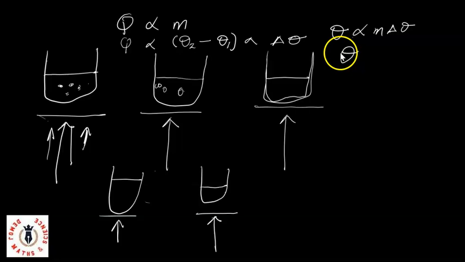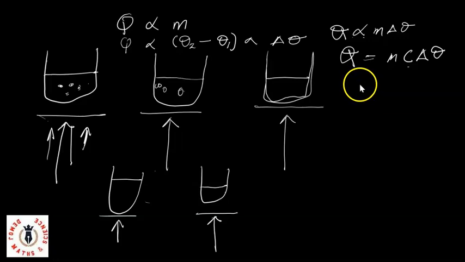So that the quantity of heat is proportional to m Δθ. We have introduced C now to remove our sign of proportionality, so that the quantity of heat Q is equal to mcΔθ.